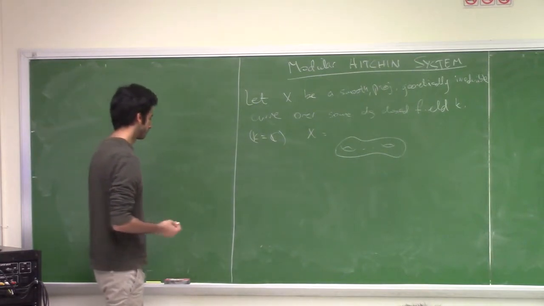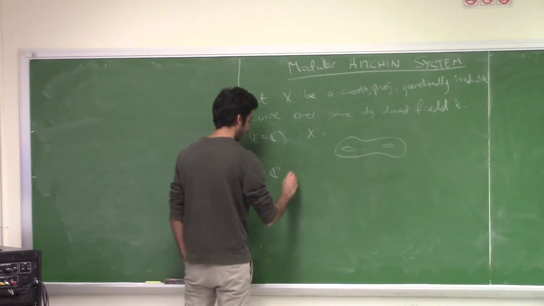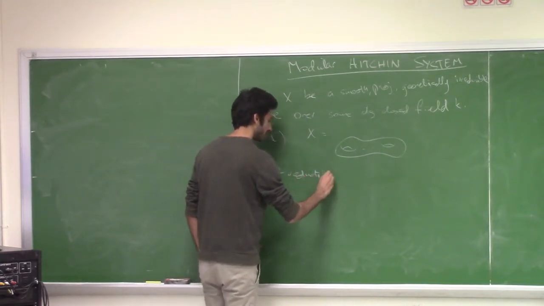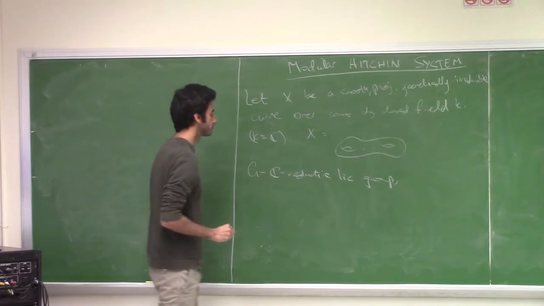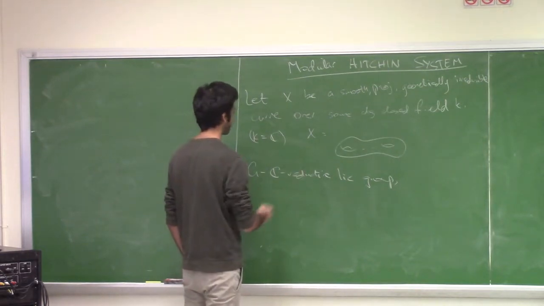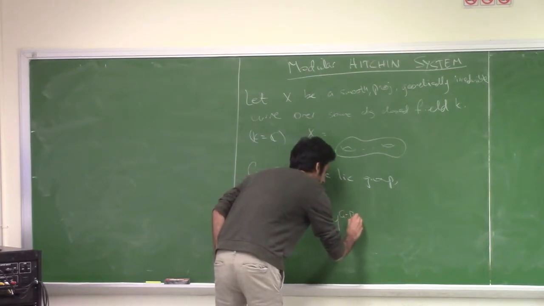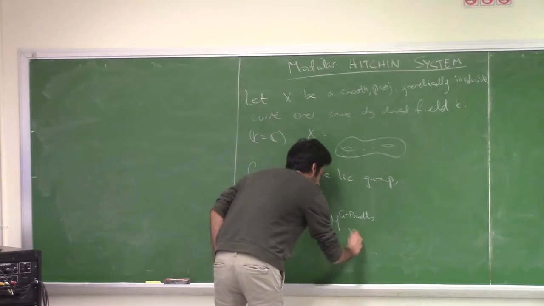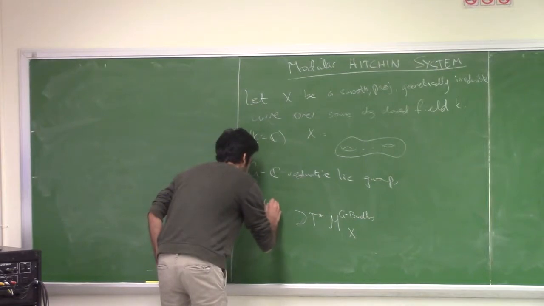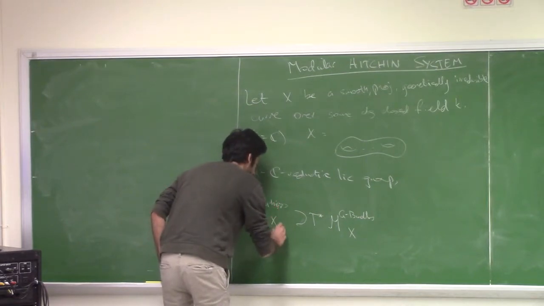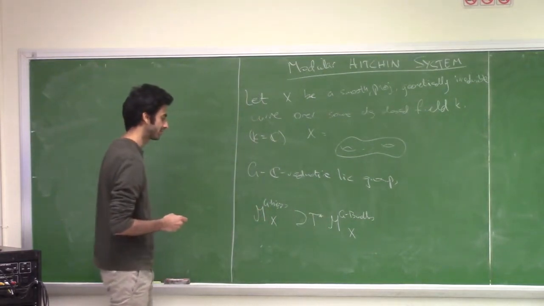And there's an age-old story that once you have X and you fix a complex reductive Lie group G, you can associate certain spaces to this pair X and G, namely G semi-stable bundles on X, and G semi-stable Higgs bundles on X. And the relation usually is that the cotangent bundle is contained in the Higgs bundle space as a dense open set.